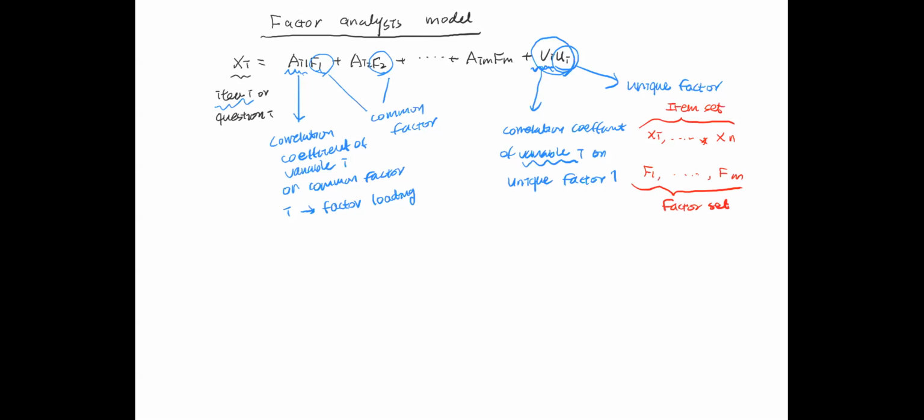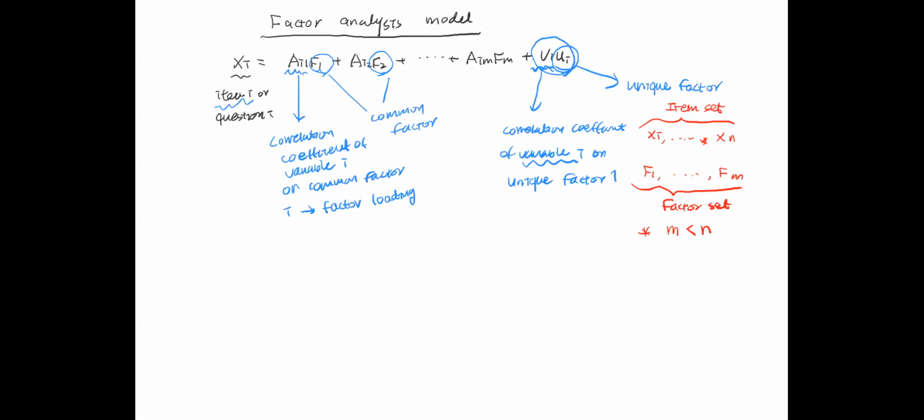And then M should be less than n, right? So M is the number of factors and n is the number of items. So the number of factors should be less than the number of items, right? That is the whole point of doing this factor analysis, right? So M should be less than n. So that is an important point here.